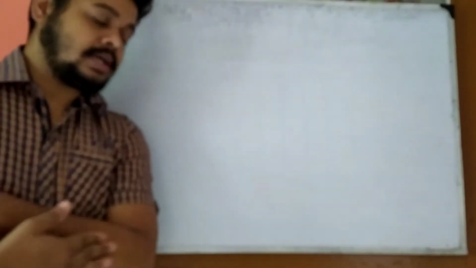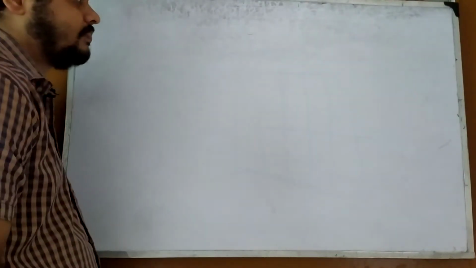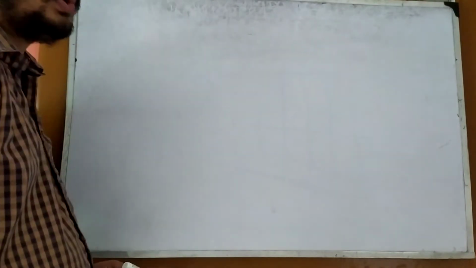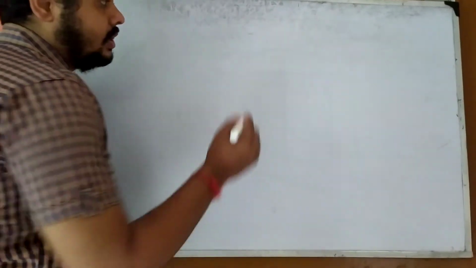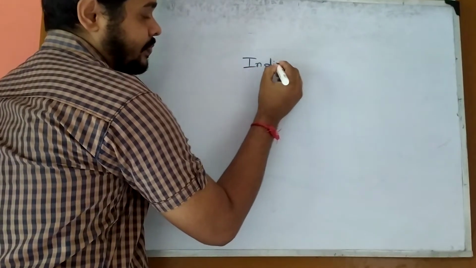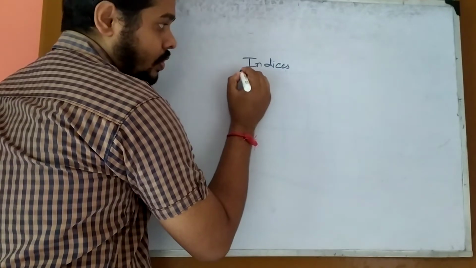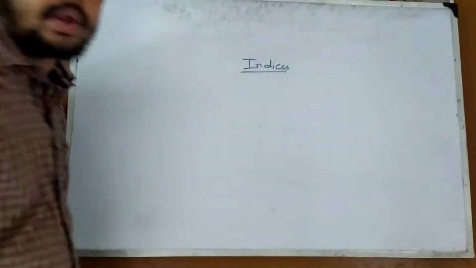So today let's start without wasting much more time, because already all of you are late. Today we are going to start the portion. The name of the chapter is indices. I know all of you are aware of that already.